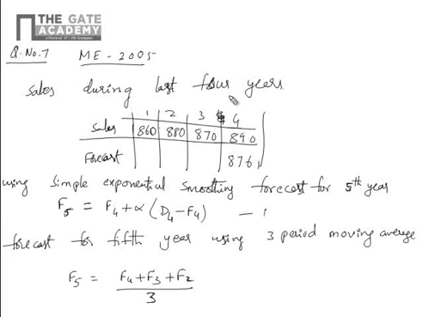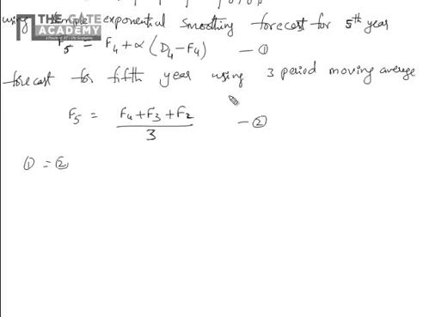So equate these two, equation 1 equals equation 2. F4 plus alpha into D4 minus F4 equals D2 plus D3 plus D4 by 3. Sorry, not F4, sales.